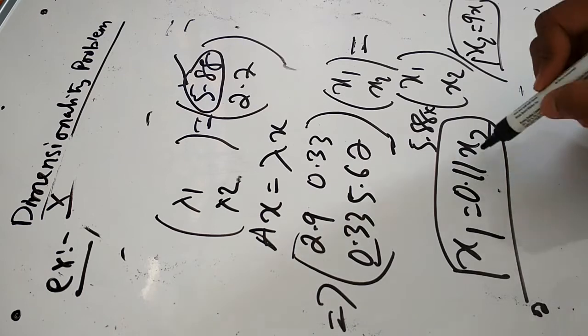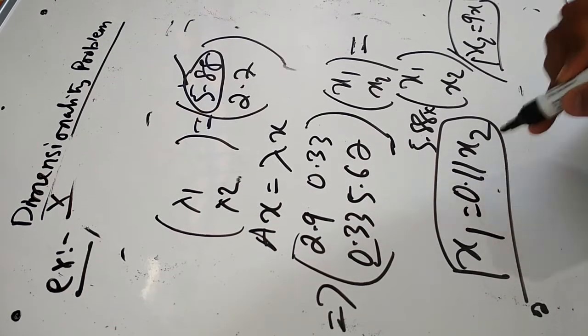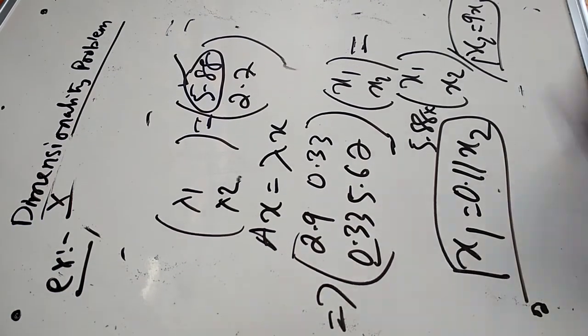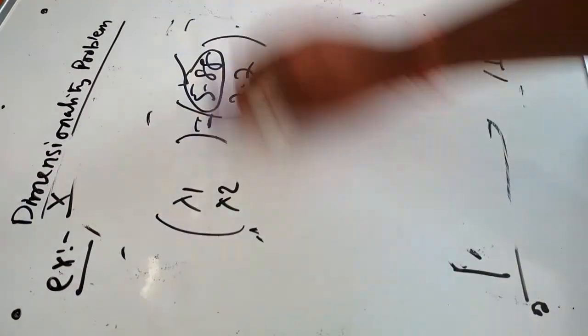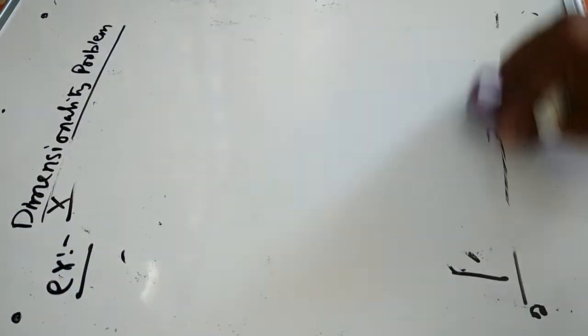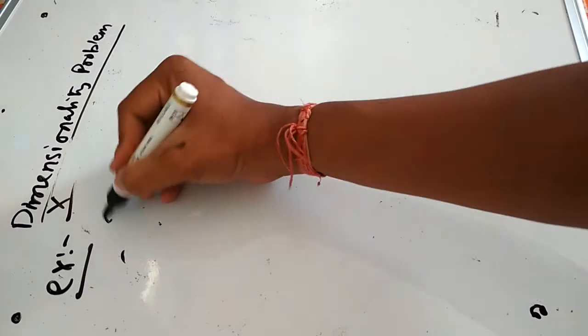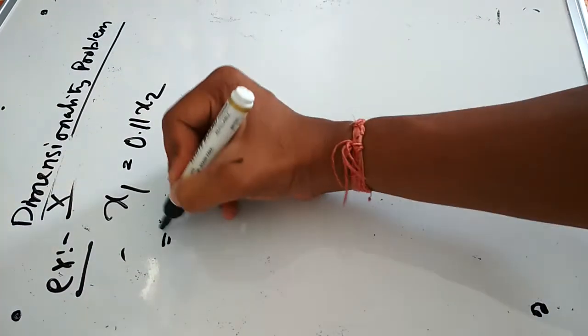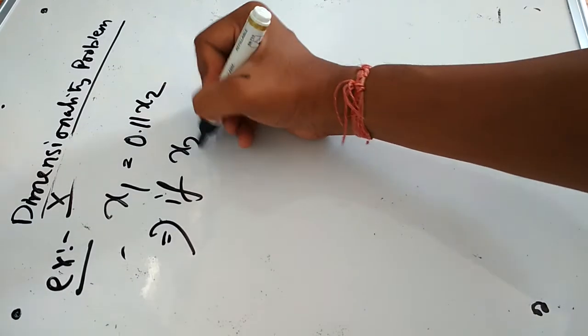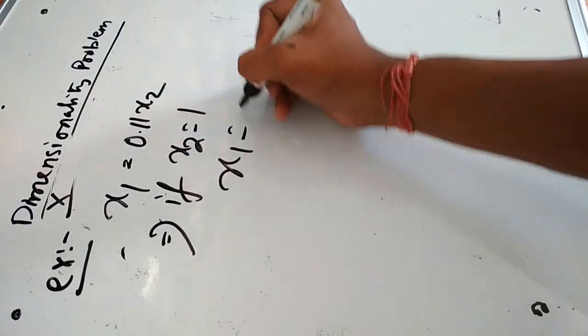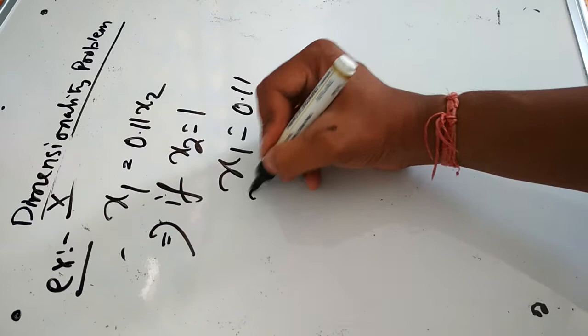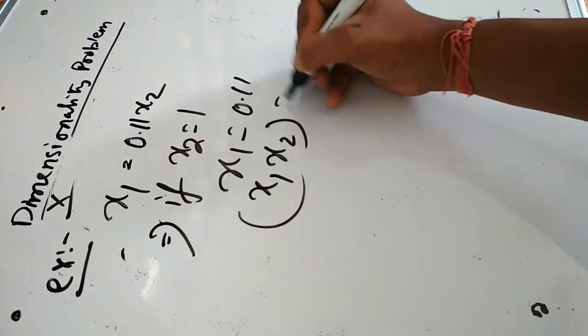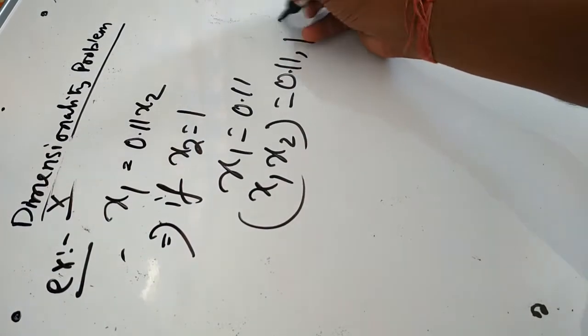By using x1 is equal to 0.11 x2, we will draw a line. If x2 is equal to 1, then x1 is equal to 0.11. So x1 comma x2 can be represented as 0.11 comma 1.